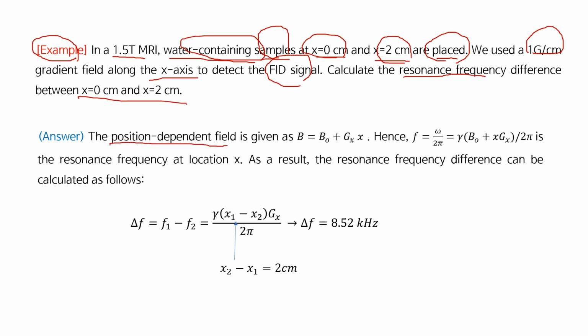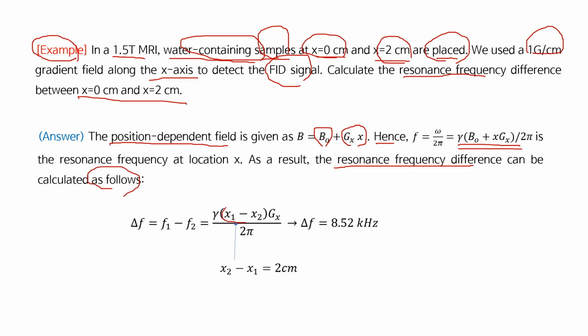The position-dependent field is given by B0 plus GX x. Hence, the Larmor frequency is given by this expression. As a result, the resonance frequency difference can be calculated as follows.